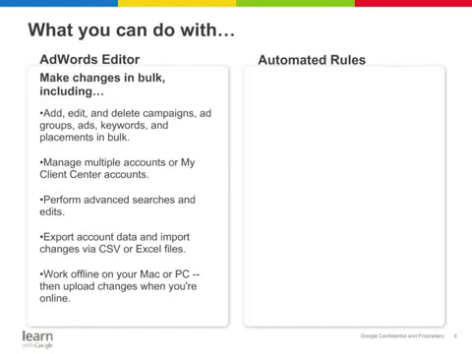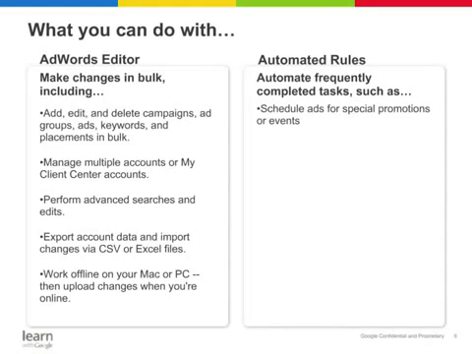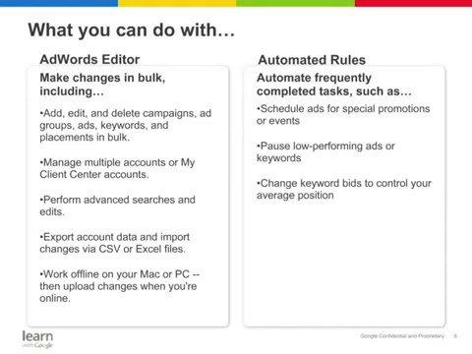If you're looking to automate common changes based on specific criteria that you determine, then Automated Rules are the feature for you. With Automated Rules, you can automate frequently completed tasks, such as scheduling ads for specific promotions or events, pause low-performing ads or keywords, change keyword bids to control your average position, adjust budgets or scheduling budgets for certain days of the week.